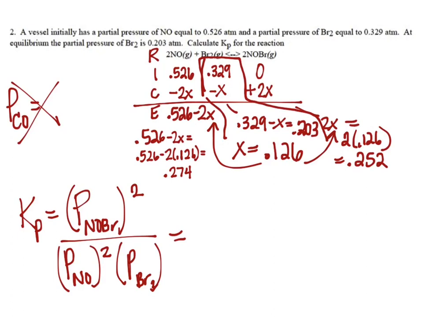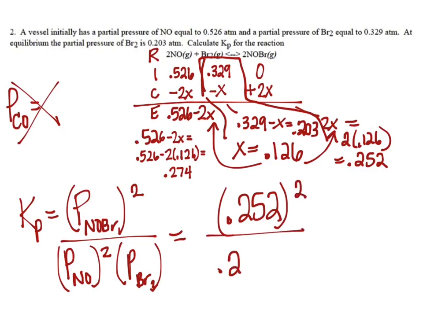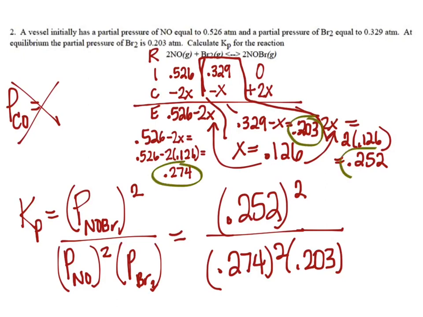NOBr was 0.252 squared over 0.274 squared times 0.203. 0.17 equals our Kp.